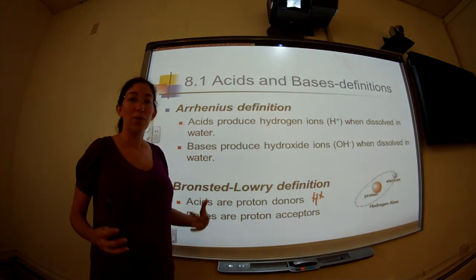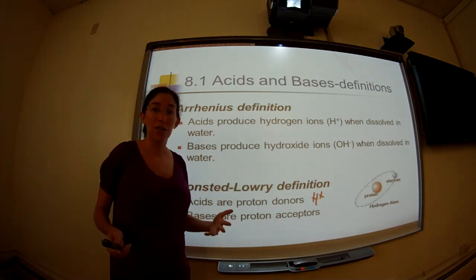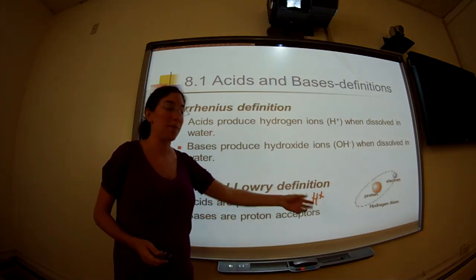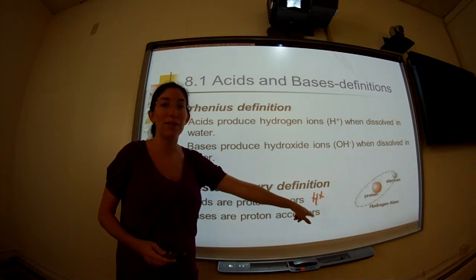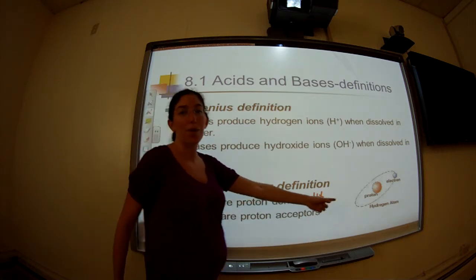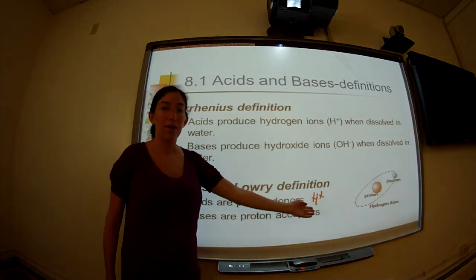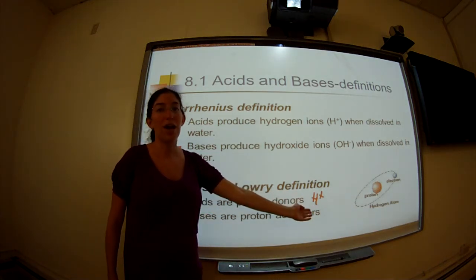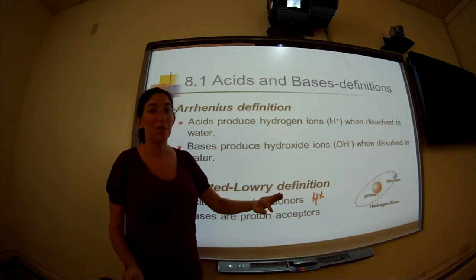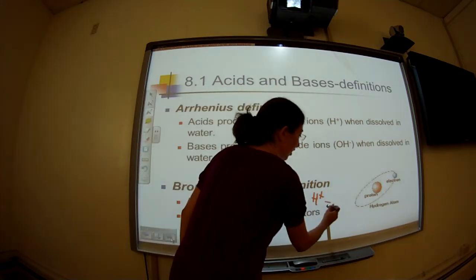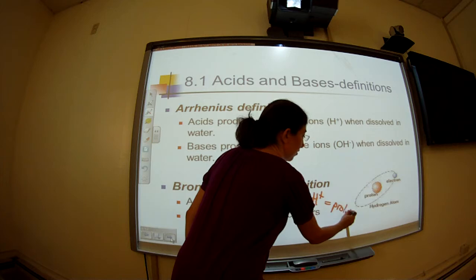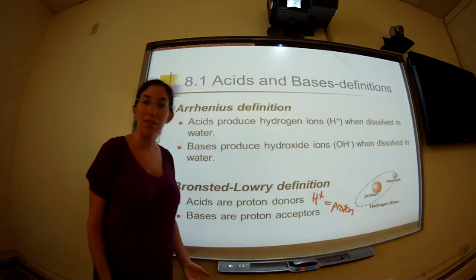And what if that hydrogen atom loses an electron and becomes a hydrogen ion, H+? What is left? Just that proton. So when we're talking about free protons, we're talking about hydrogen ions. Same thing, they're synonymous. So hydrogen ion equals a proton, because that's all it is.